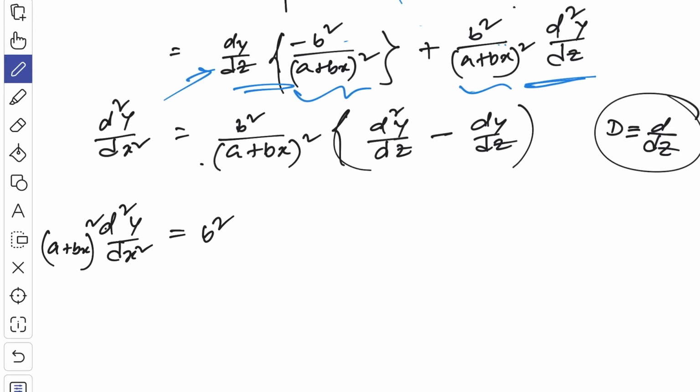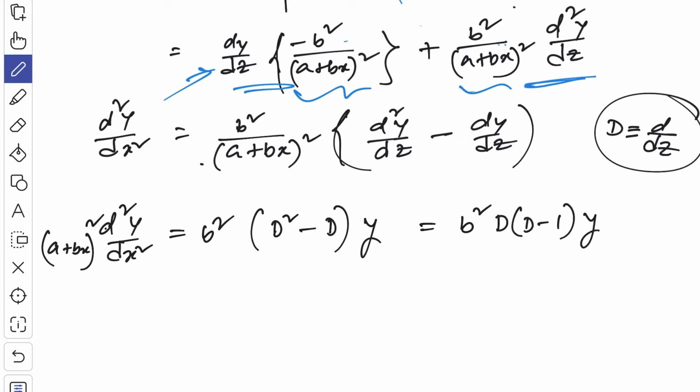So let us write on this side b square, so we can write D square minus D, and this is nothing but b square, D is taken common, then (D minus 1) into y. So that's what we will get.